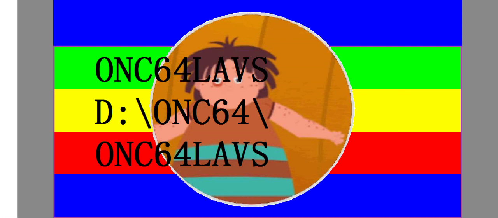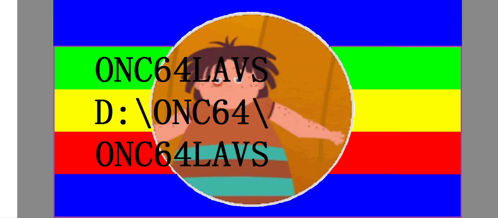In the next page, you can see the detail. ONC64 LAVS is the name of the folder that contains the static library created by Visual Studio 2020, but we will delete this directory because we cannot create the static library for some reasons.